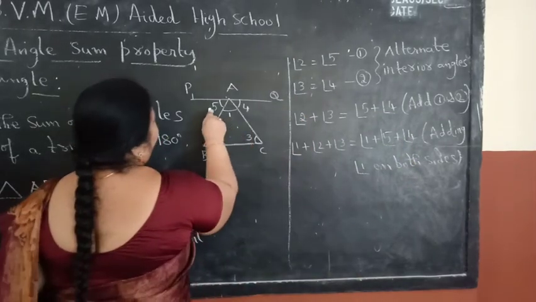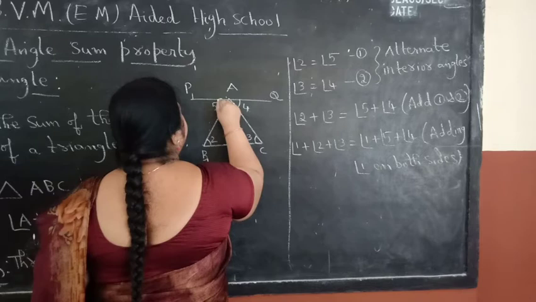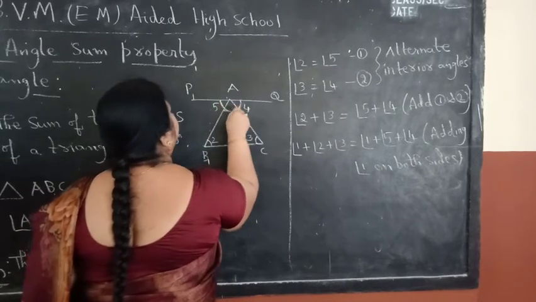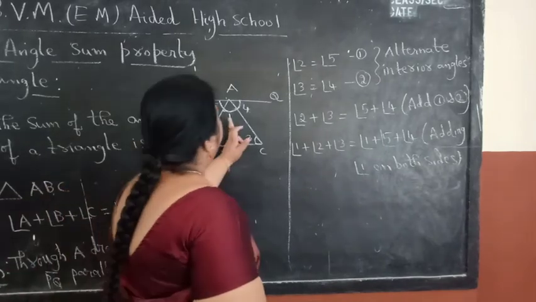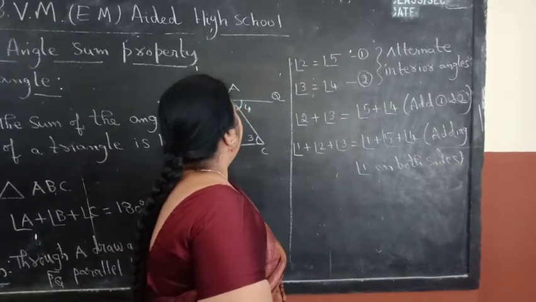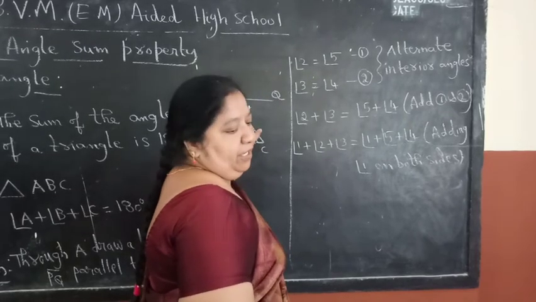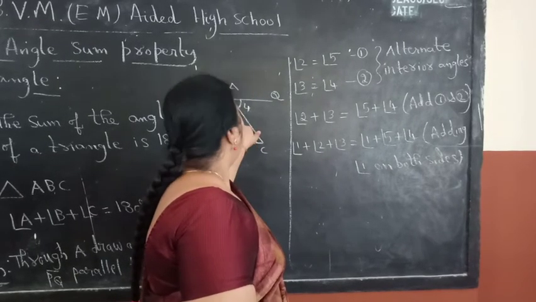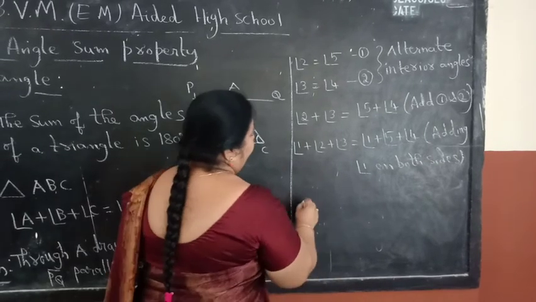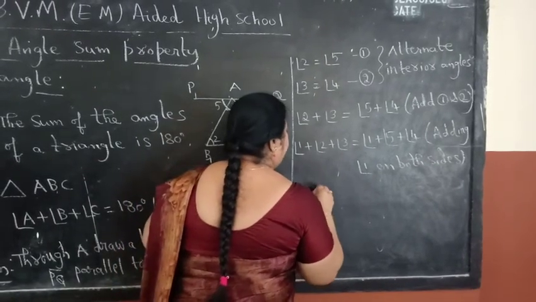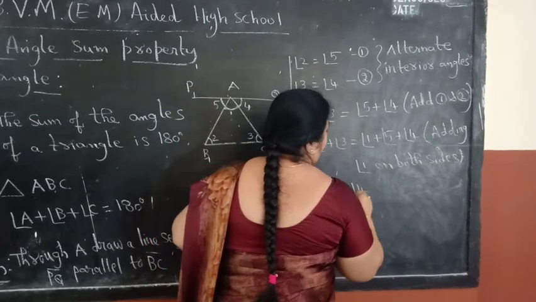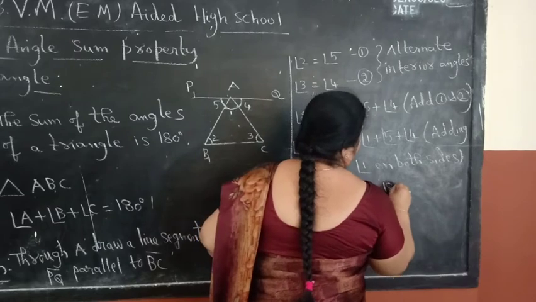Angle 1 plus angle 5 plus angle 4 is the straight angle, the angle formed on a straight line. So a straight angle is 180 degrees. Angle 1 plus angle 5 plus angle 4 equal to 180 degrees.